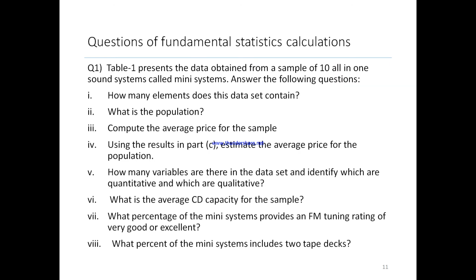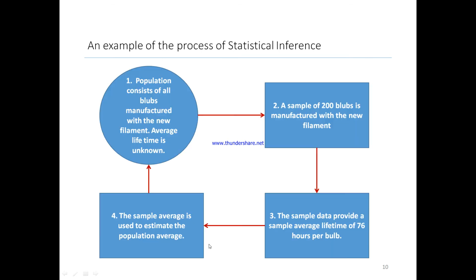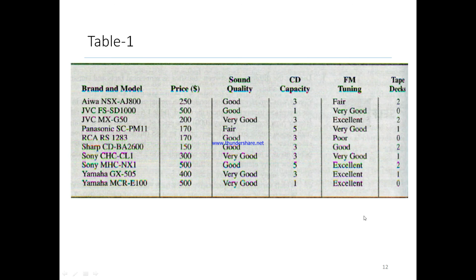And then what percent of mini systems provide an FM tuning rating of very good or excellent? So here for FM tuning, very good or excellent, you have 1, 2, 3, 4, 5, 6, 7. Out of 10, you have 7 with a very good or excellent rating.